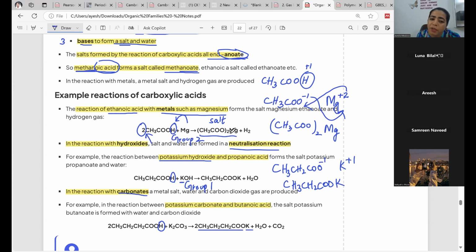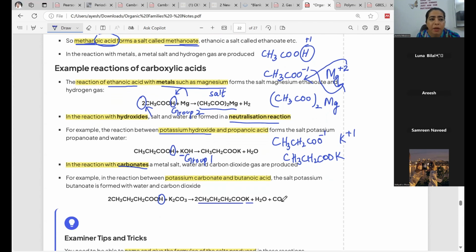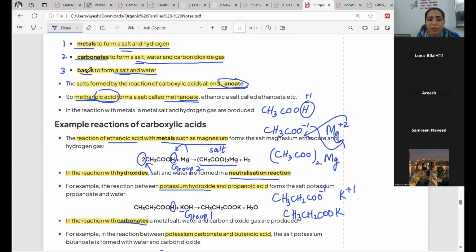If it is group 2, then the metal will have two of the negative parts in the bracket, only then will the equation be balanced. So practice writing these three types of equations, with the metal, with metal hydroxide, and with metal carbonate of group 1 and group 2 only. These are the reactions for carboxylic acid with metals, hydroxides (bases), and carbonates.